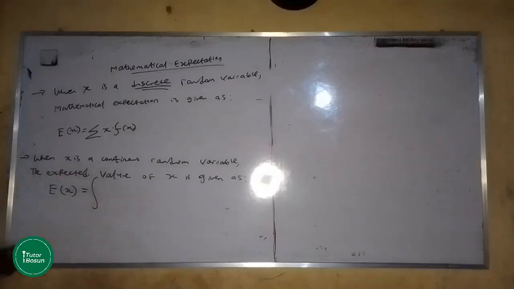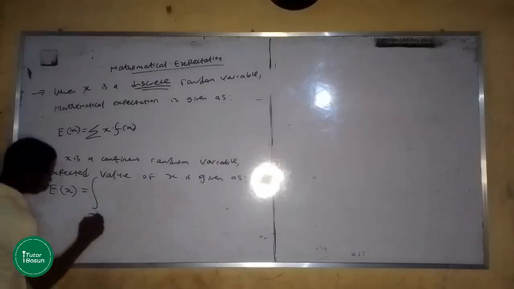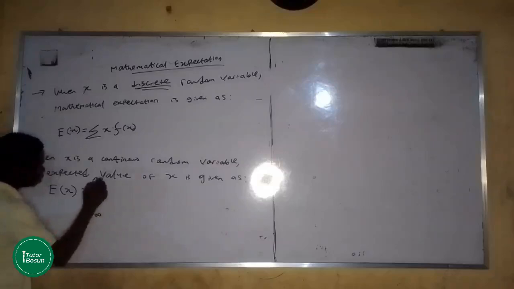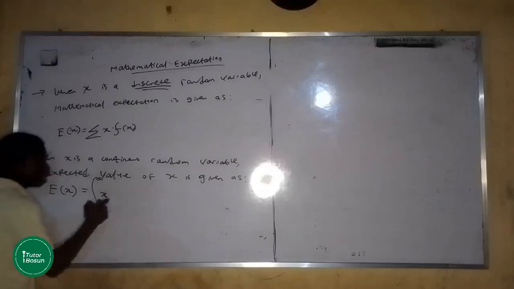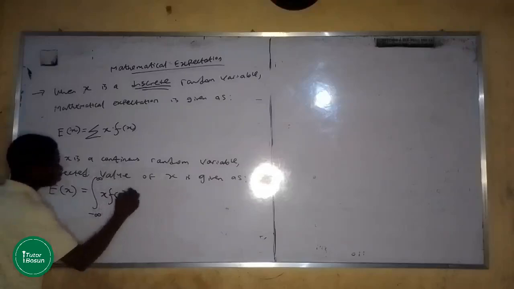Anytime we are dealing with a probability density function, what we should anticipate is the integral, unlike the probability function where you have summation. Integral from minus infinity to infinity, don't forget, of x multiplied by f of x dx.